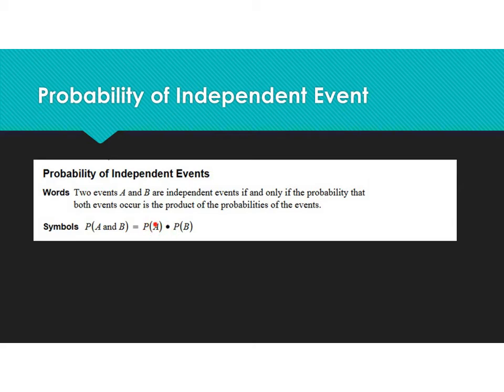So the probability of A and the probability of B. Maybe I want the probability that I'm going to roll a 6 on the dice, and the probability that I'm going to draw the King of Hearts from a deck of cards. They do not affect each other. I would find the probabilities of both of them independently and then multiply them together.